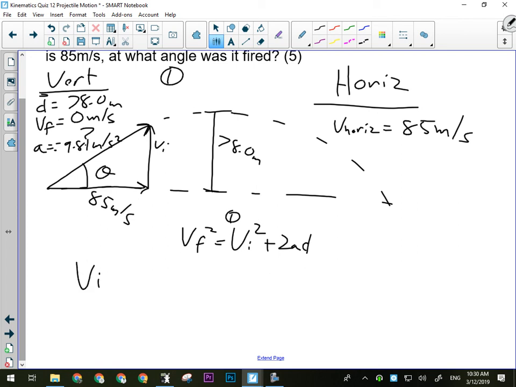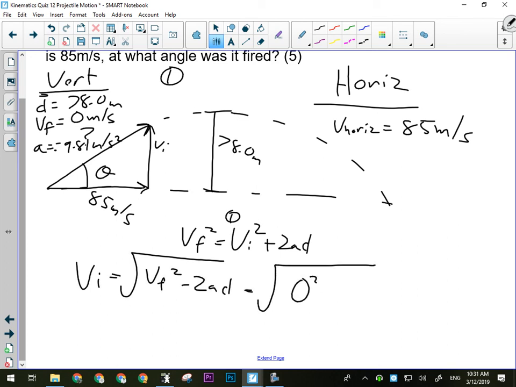Manipulated, that's going to be the square root of VF squared minus 2AD. With numbers plugged in, that's going to be 0 squared minus 2 times negative 9.81 times 78 meters.